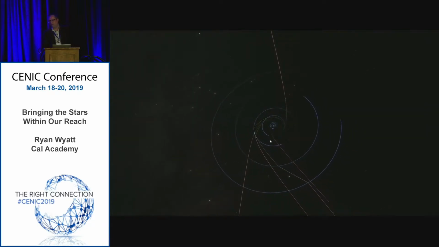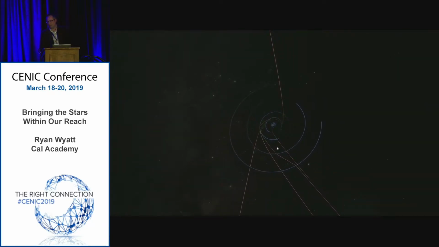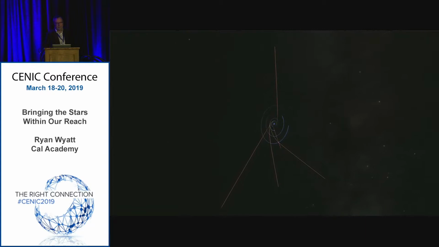I'm actually showing the trajectory of not just New Horizons, which is this one here, but also the trajectory of our fastest spacecraft. These are the fastest sort of nuts and bolts objects that we've sent out into space. But you may know that at the beginning of this year, in addition to visiting, I'll just go ahead and add Pluto to this image here. So that's the orbit of Pluto.